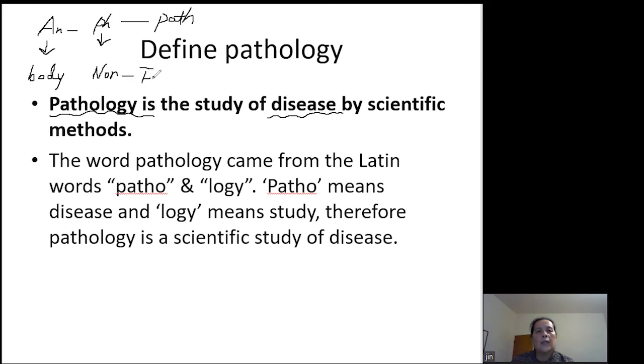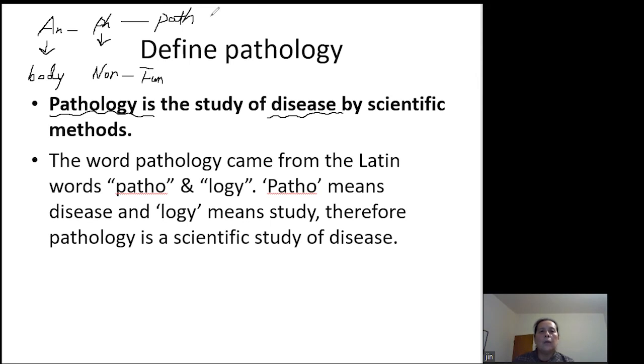Like how our body works, how the heart beats, blood circulation, how our digestion works for different kinds of nutrition, how our urinary system works, how urine is produced, how our nervous system works. So all belong to normal function.